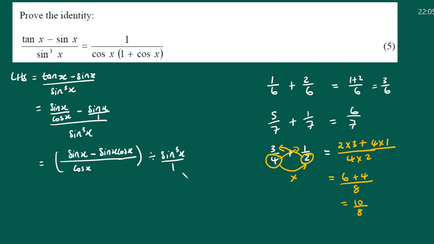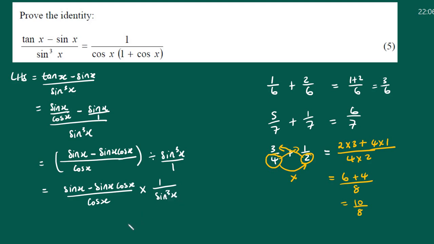When we divide by a fraction, we can flip it, right? So this can be written as sine x minus sine x cos x, all divided by cos x, and then multiplied by 1 over sine cubed x.